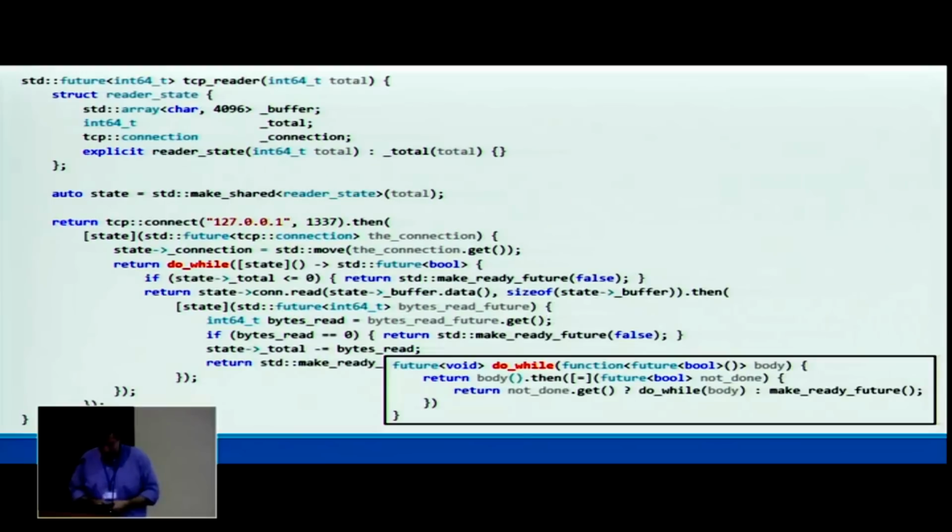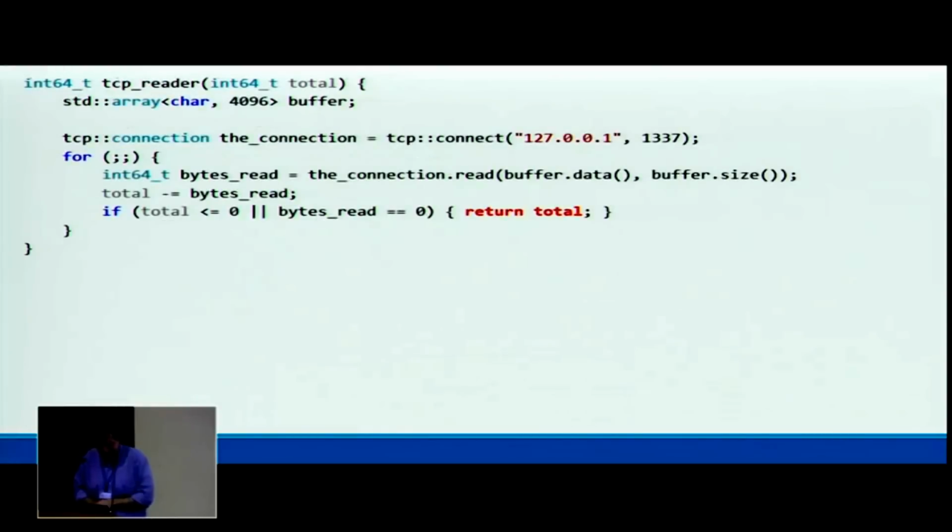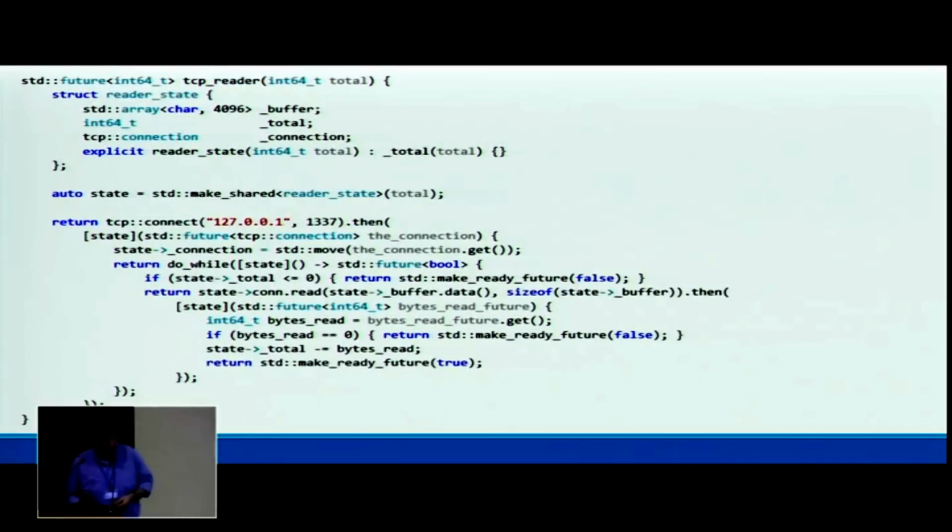Okay, so there's just one little problem here. There's a bug in the code. Would anybody like to point out where the bug is? Okay, I didn't think so. So in the original example, we returned the total number of bytes, right? And here we are not returning the total number of bytes.